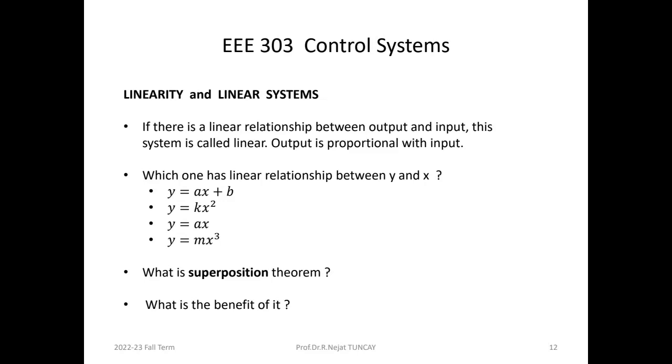If system is linear, we employ the superposition theorem. We know that if you have multiple inputs, and you want to get the total output, you can employ each of the inputs. Linear time invariant and time varying systems, we generally solve our control problems with linear time invariant systems.